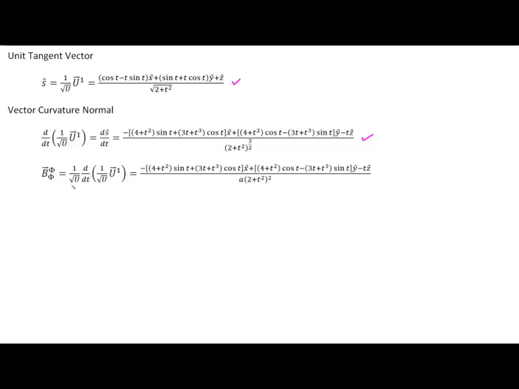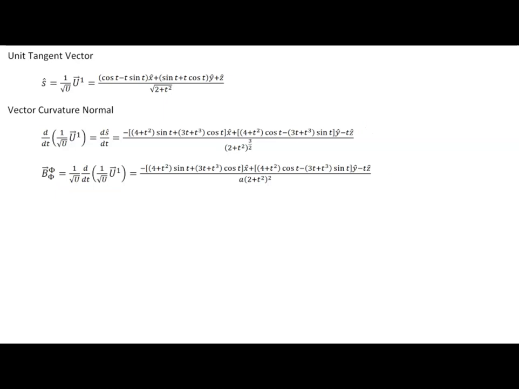You'll remember from our earlier discussion that this is an alternate expression for the vector curvature normal. So when we take this expression and multiply the denominator by the volume element, we add a factor of a times the square root of 2 plus t squared, which increases this exponent to 2. So what we have here is the expression for the vector curvature normal.